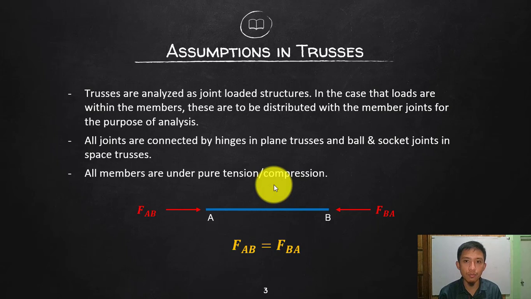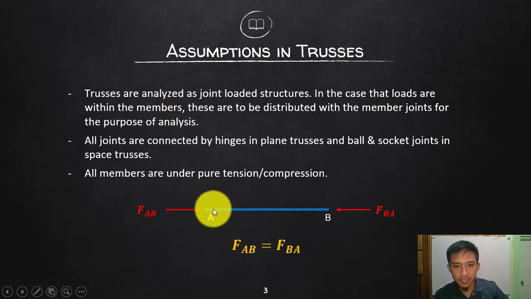There are only axial loads, so it is either tension or compression. If we consider this as member AB of a truss, then whatever is experienced on one end of the member is the same all throughout the member. If that is the compressive force FAB, then it will be the same here as the compressive force FAB.